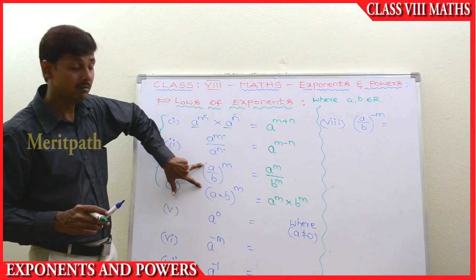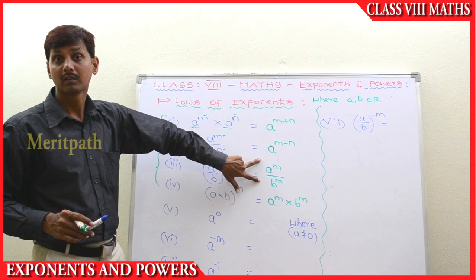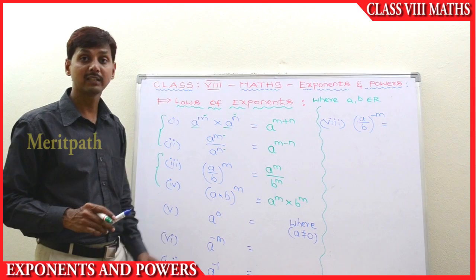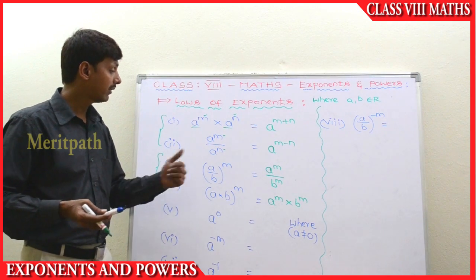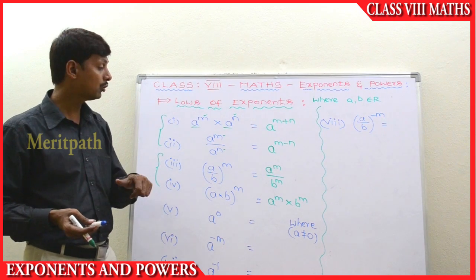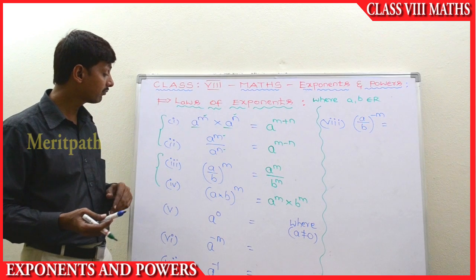Here they are in division and multiplication. When they are in division, we have applied the exponent to both numerator and denominator, a power n by b power n, and when they are in multiplication, we have applied a power n into b power n. So there is a similarity between third and fourth.